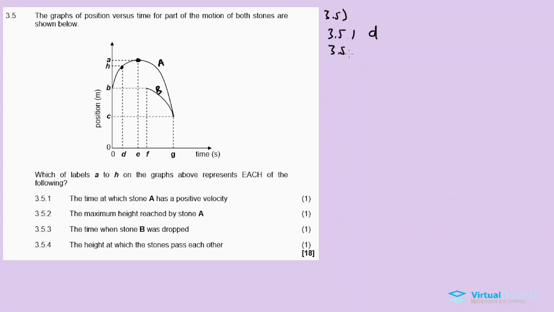So now basibuza ngeposition, the position or the maximum height reached by stone A ubani A, the maximum height is A for stone bani A. 3.5.3. the time when stone B was dropped, obvious nyla, this time at F is drop our stone bani, drop our stone B ubani F, which is the time is calculated with.